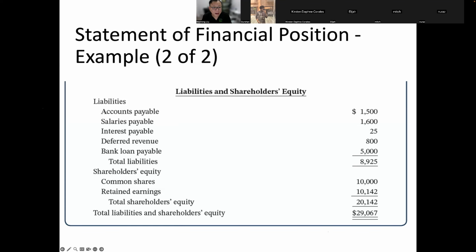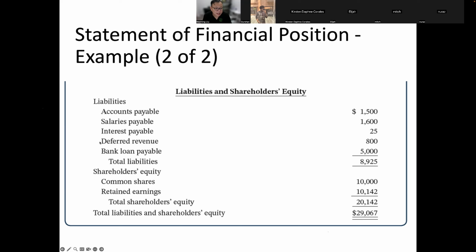You use the power, electricity, gas, water, so those are the moneys you probably owe them, okay? Salary payable, right? You owe money to your employees on that date. Interest payable, right? You owe interest to the bank.